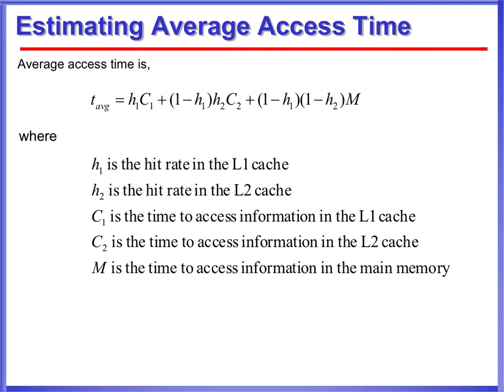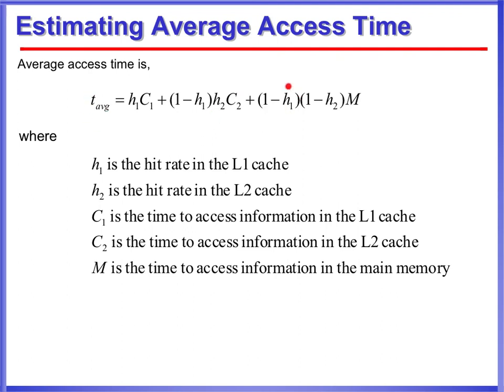If it's in cache 1, it's the hit rate times the cache 1 access time. Plus, if it's not in cache 1, 1 minus H1 is the miss rate for cache 1, times the hit rate for cache 2, times the access time for cache 2. So this is how much accesses to cache 2 contribute to the average access time.